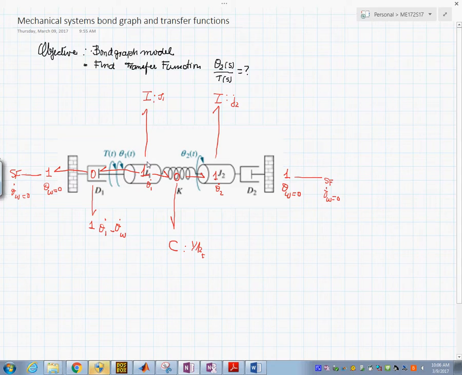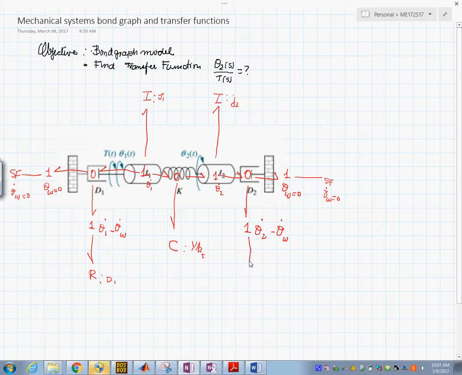Attached to that, you have this R element with value d sub 1. And on the other side, you see another one, and this one sees the difference between that and this, which is a 0 junction, that means theta 2 dot minus theta dot of the wall.